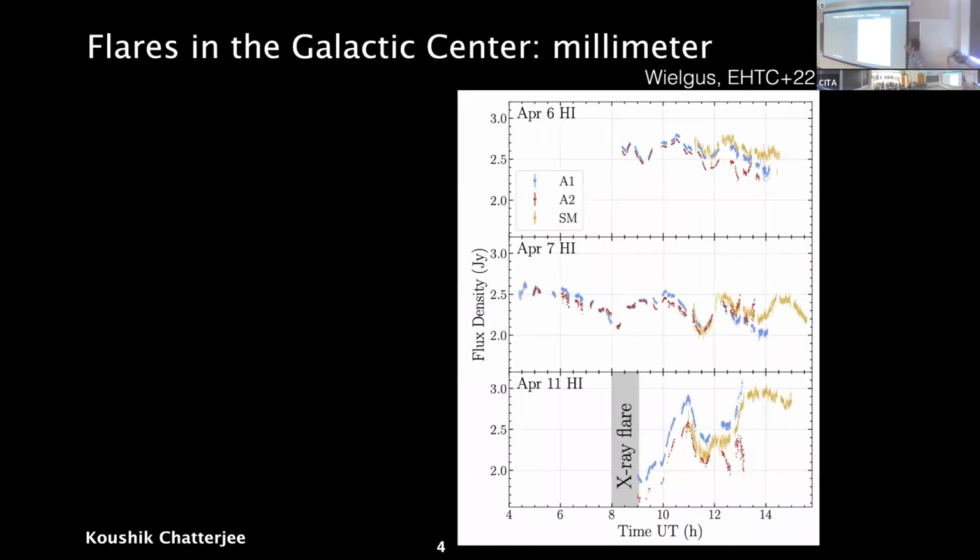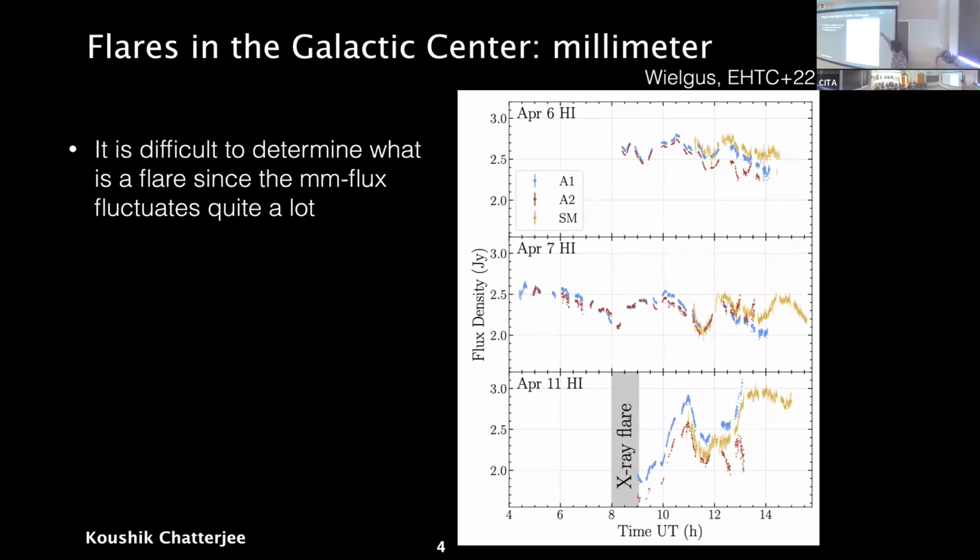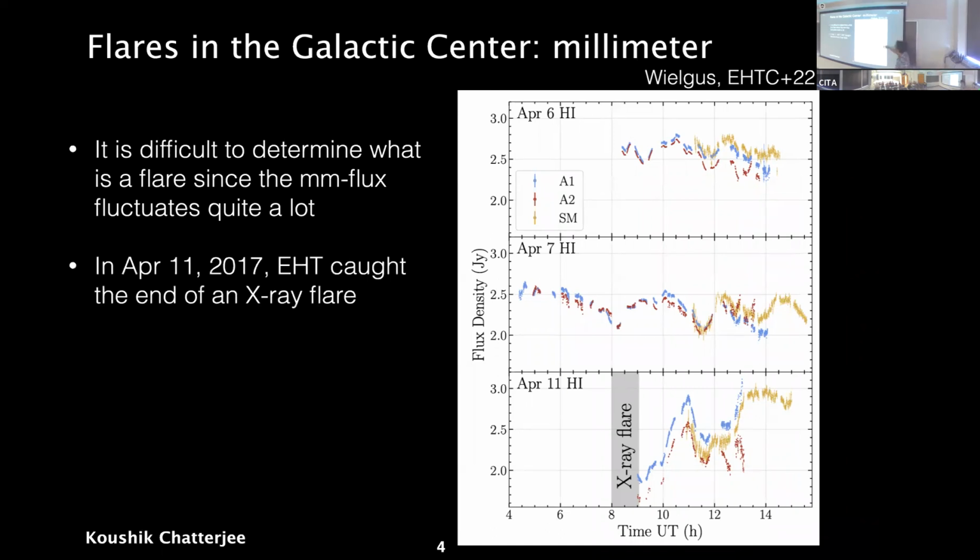So this is what you asked about, the millimeter and submillimeter. These are ALMA light curves taken as part of the EHT campaign in 2017. The issue is that the submillimeter fluctuates quite often, but the fluctuations are never that big.